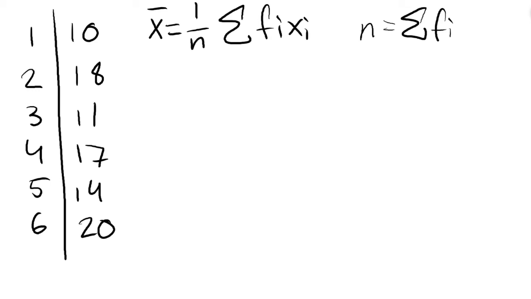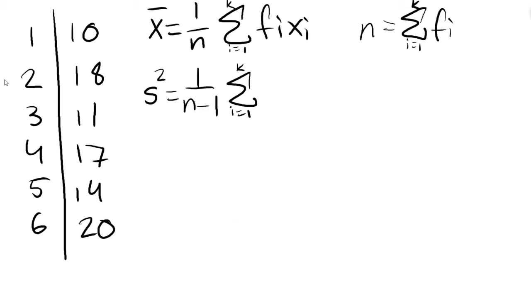So let's look at how the formula would look if we want to calculate the variance. We have our s squared is equal to 1 divided by n minus 1, and then the sum from i equals 1 to k, where k is just the number of classes, you could say. So we have 1, 2, 3, 4, 5, 6 classes.